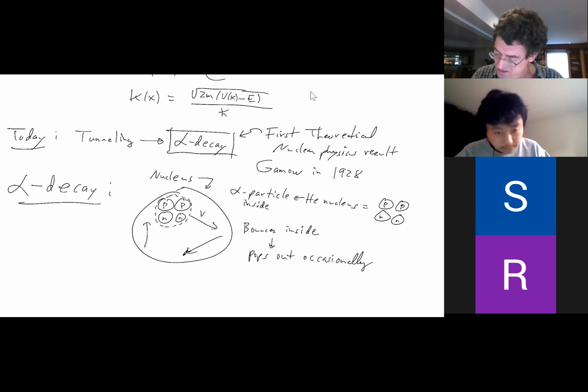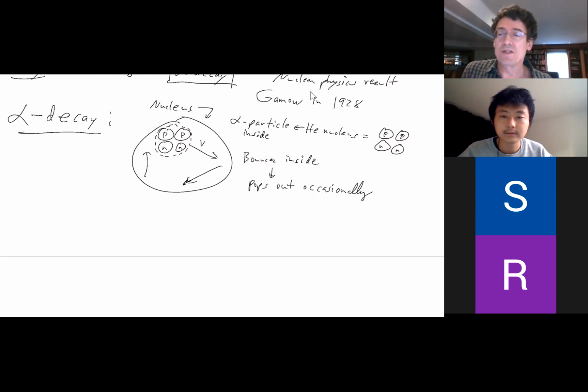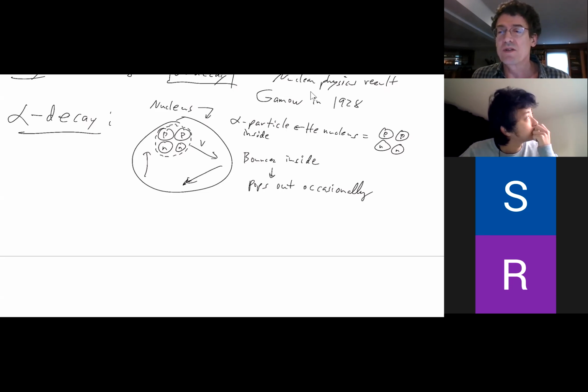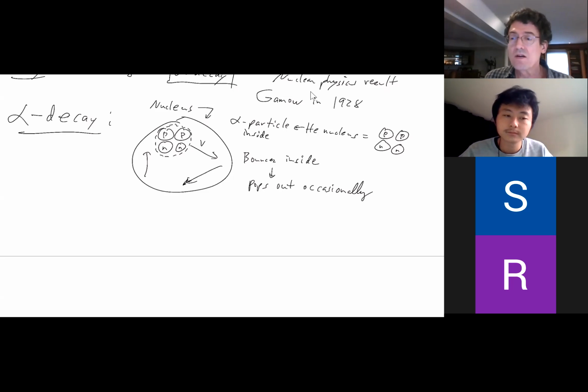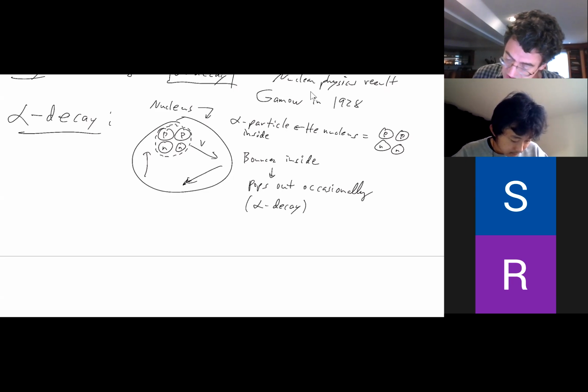Little particle is bouncing around, then it pops out. What is it called when the little particle pops out? Is that just decay? Yeah, that's alpha decay. That is called alpha decay, that's right. But it's also radiation.